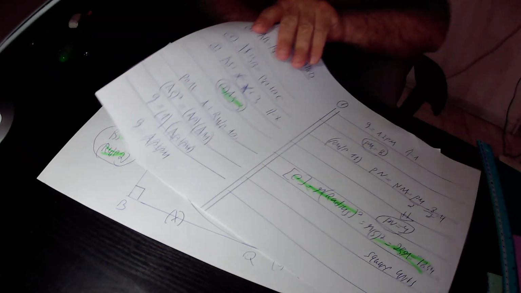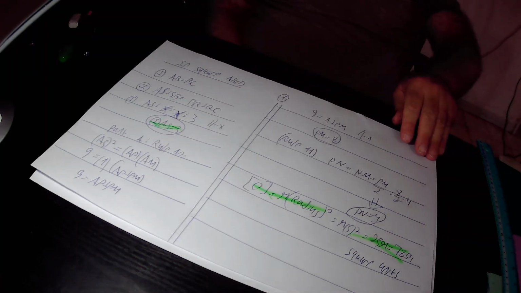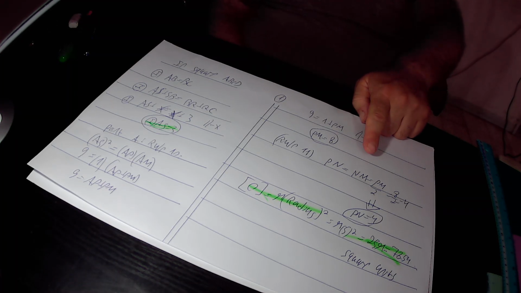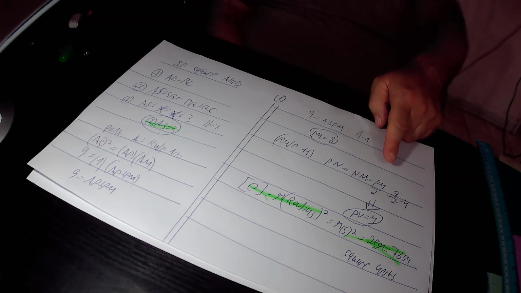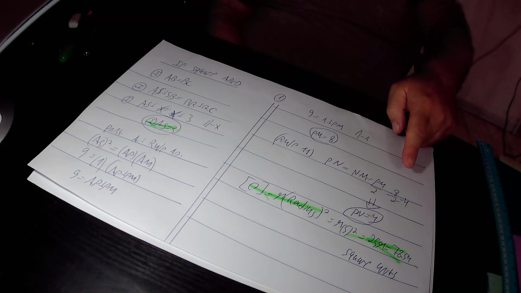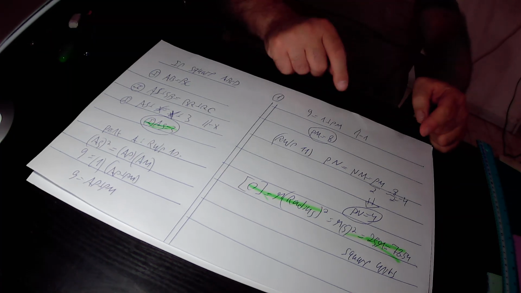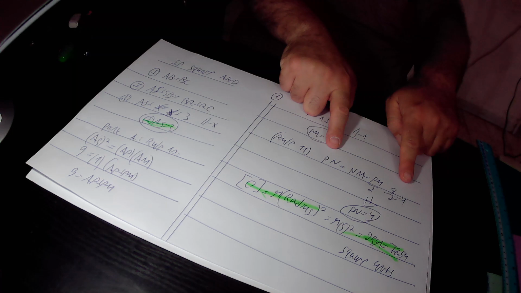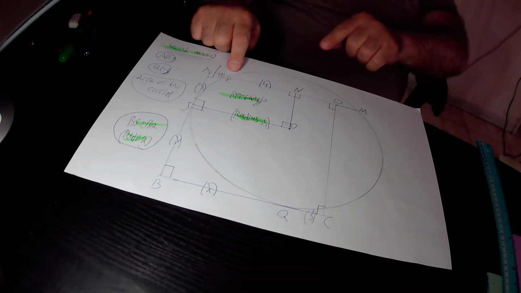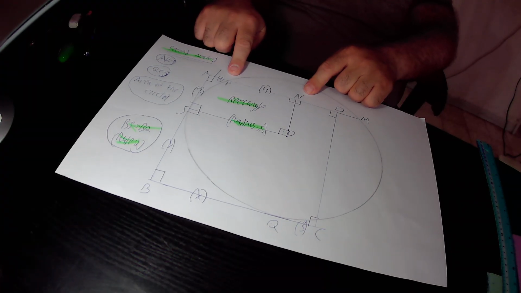PM is 8, therefore PM over 2 is 8 over 2, that is 4. From this equation, we derive that PN equals 4. So this line segment PN is equal to 4 units in its length.